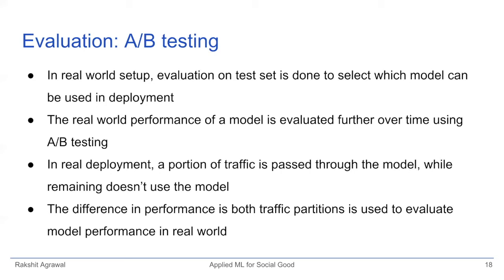So you train a model which works really well on your training data and test data set, deploy it in the real world, and then serve it to a certain population or a certain percentage of your user base, and then keep deriving the performance metrics, and then you do a performance check.